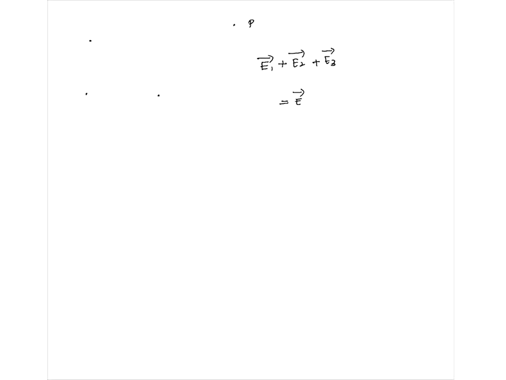When we deal with a continuous charge system, then this sum converts to integration. But then vector integration is going to be more difficult. So we look at some symmetry.